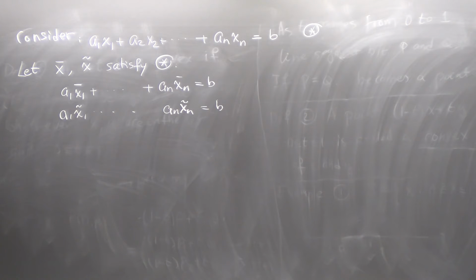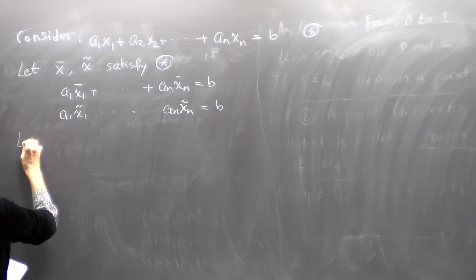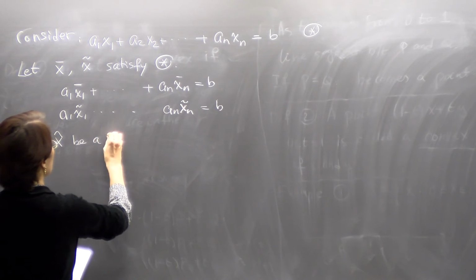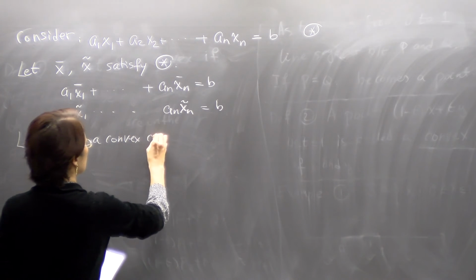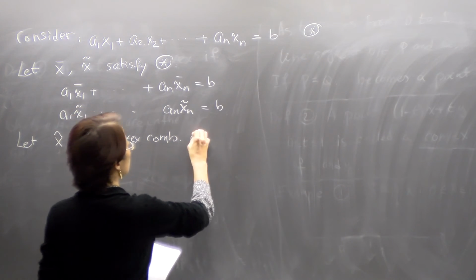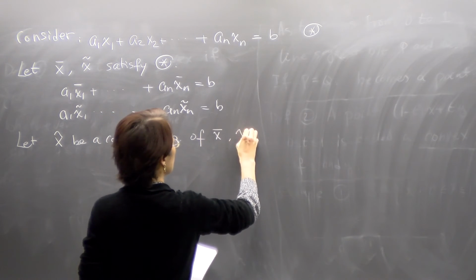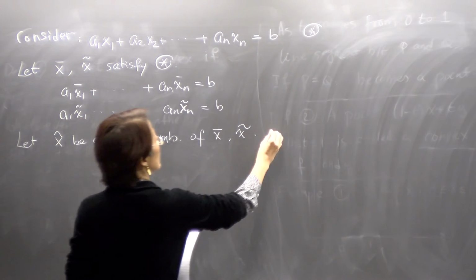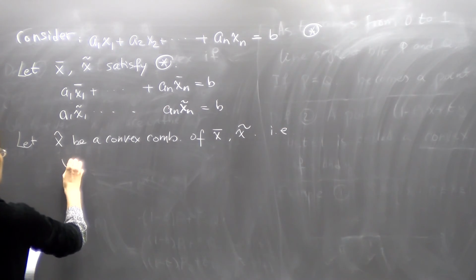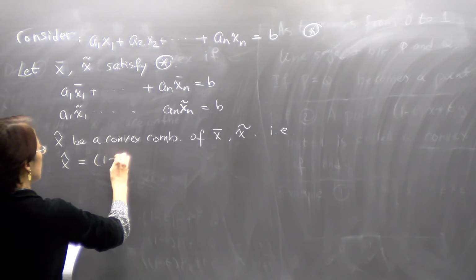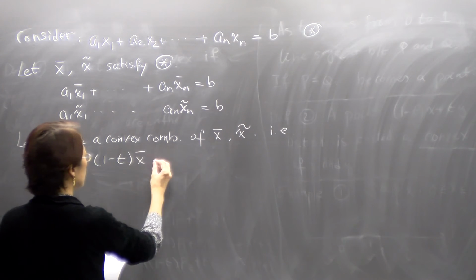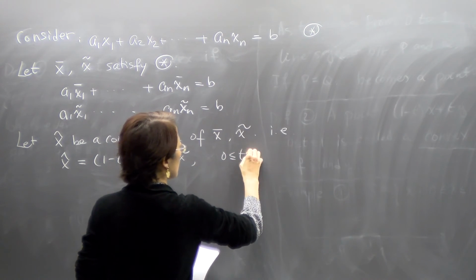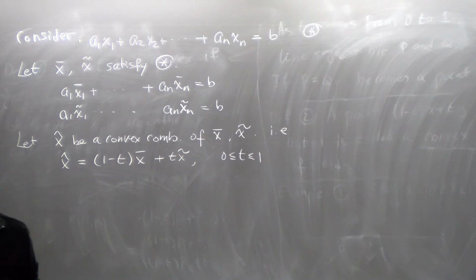And then I make a convex combination. Let's call x hat a convex combination of these two, x bar and x tilde. So this means I have x hat equals (1 minus t) x bar plus t x tilde for some t between 0 and 1. Isn't that right? That's what it means.